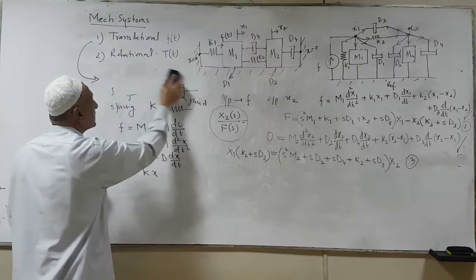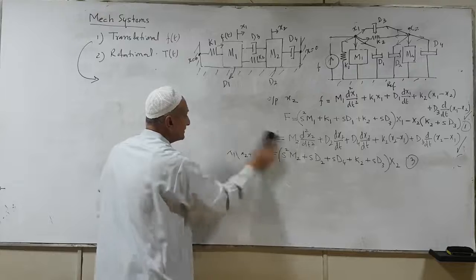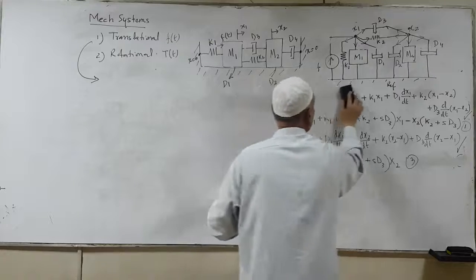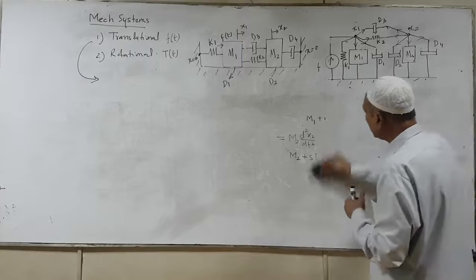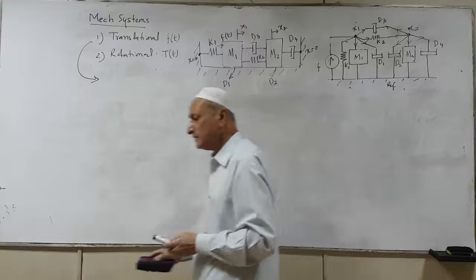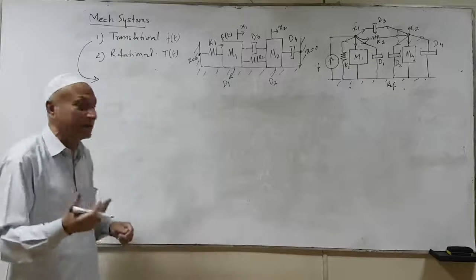Let's go to the mechanical rotational system. Now the mechanical rotational system is composed of several elements, each doing a different job. For example, in this case the mass is a rotating mass, so it is denoted by an equivalent inertia.